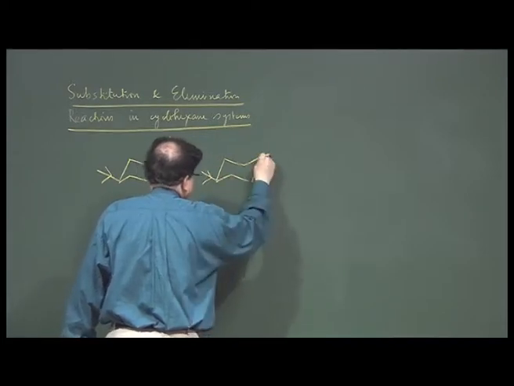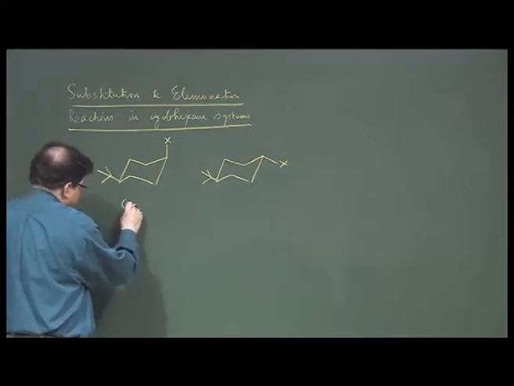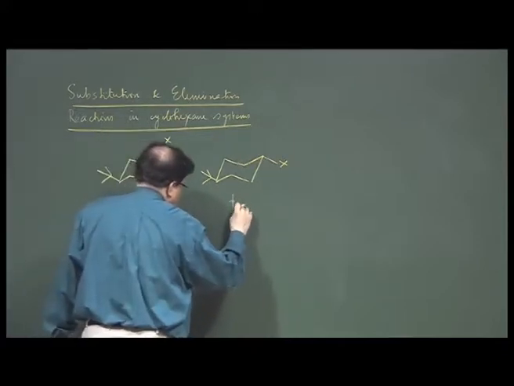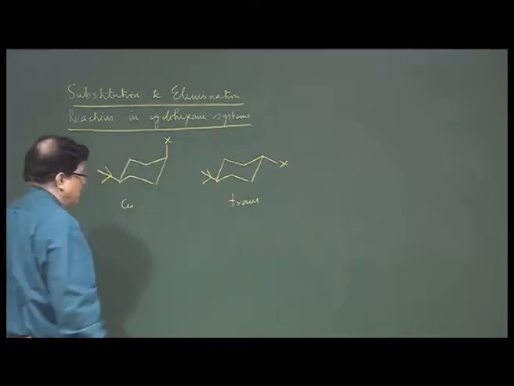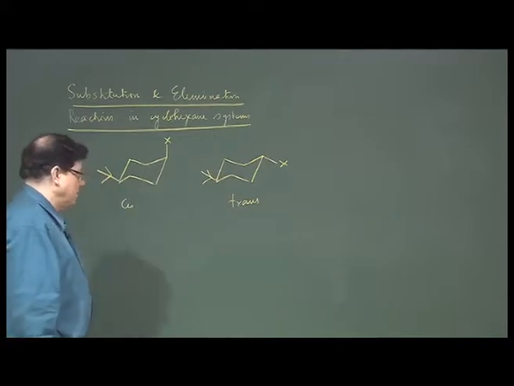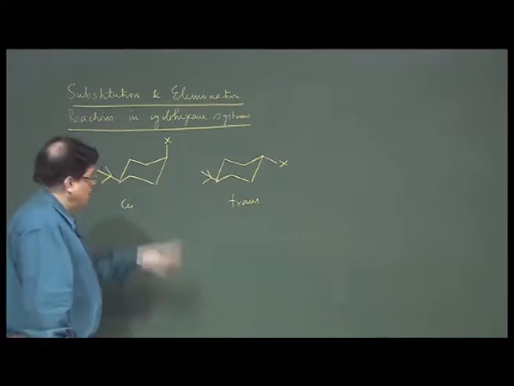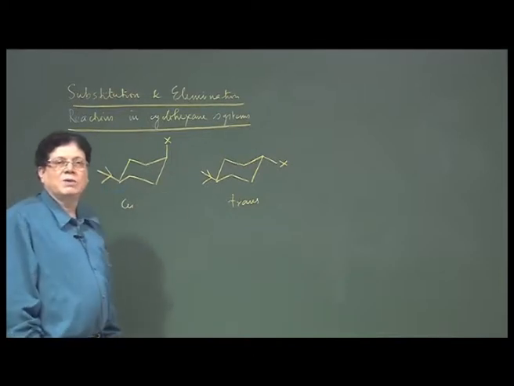One is the cis isomer, another is the trans isomer. Remember, the t-butyl group is there, so the conformations are locked. If it is not there, then they can flip to each other. We want to study the behavior of these towards substitution reactions.